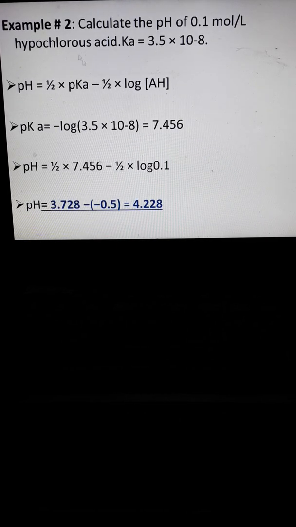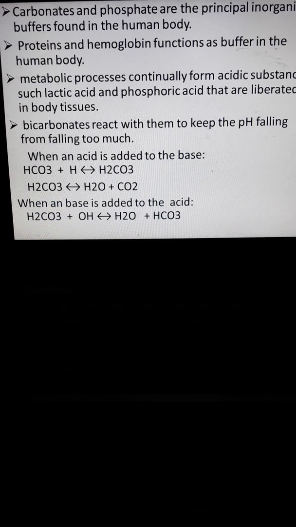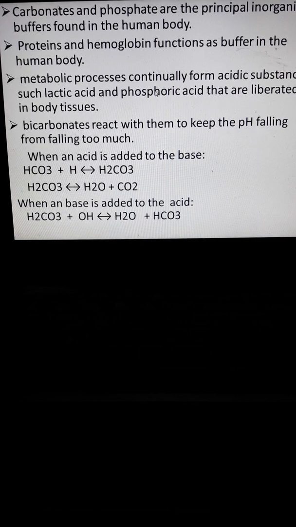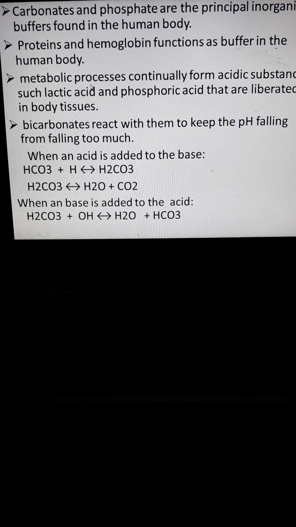So take note of the examples also in our computations. Carbonates and phosphates are the principal inorganic buffers found in the human body. Proteins and hemoglobins are usually known to be buffers also, because they contain negative and positive charges based on the structure of the proteins, or the general structure of amino acids. They are considered to have amphoteric property.